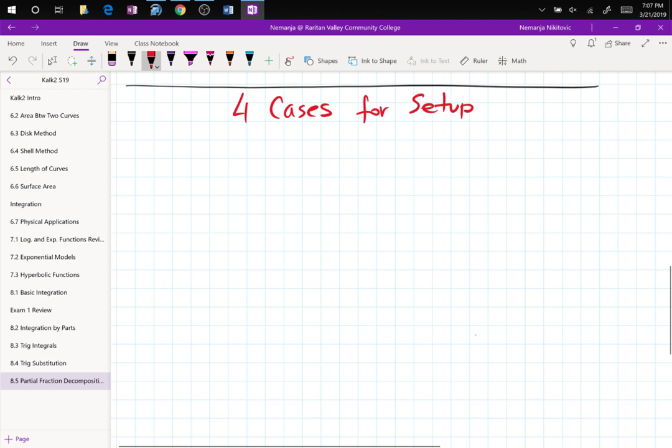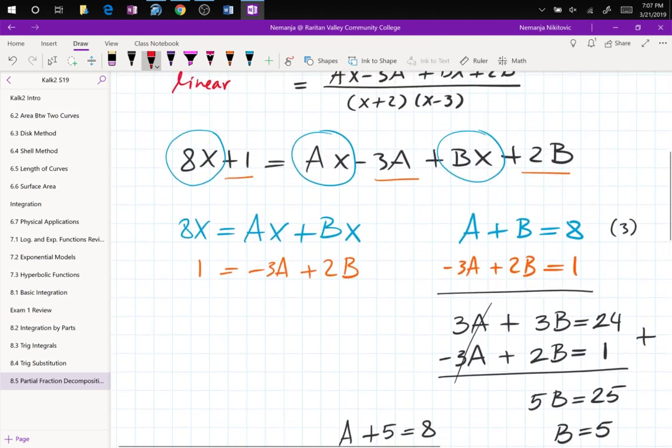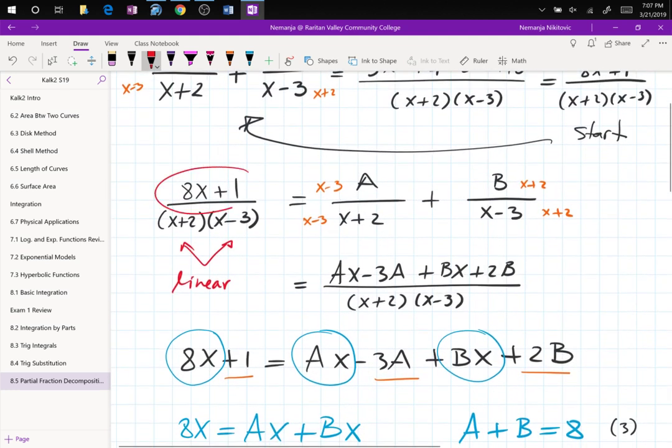First case is the linear case, the one that we actually had. When you have something, and I call that something blah, divided by x plus or minus c. Why do I say blah? Because you see over here, we have 8x plus 1. We could just have 5.